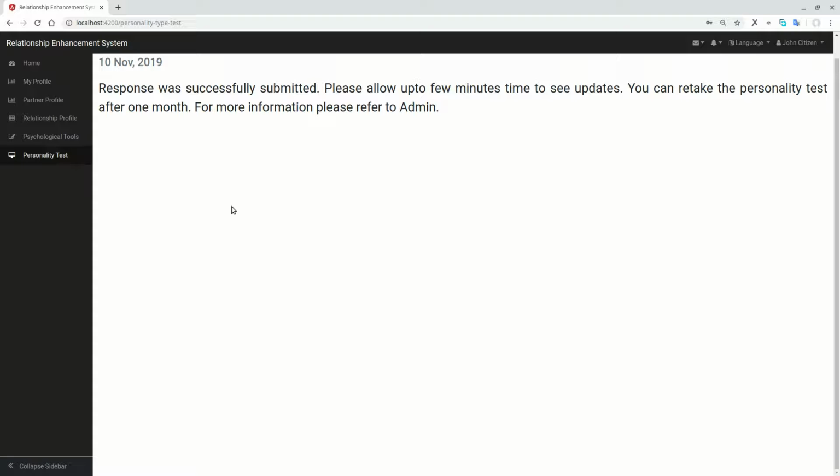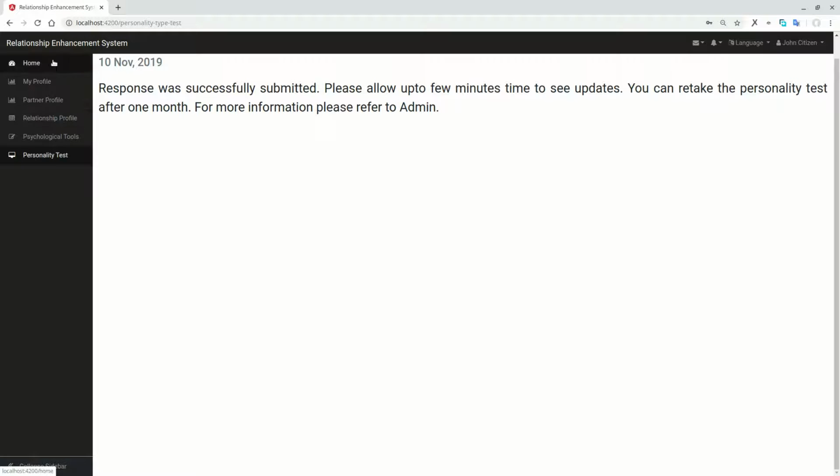In general, these tests are effective only if you are using the psychological tools given in this system and making some serious effort. After a minimum of 1 month, you're supposed to retake this test, and based on these tests, we determine how you and your relationship are improving.